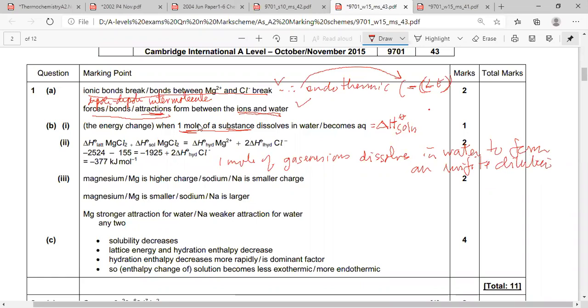So it says when 1 mole dissolves in water to form an infinite solution. Infinite dilution.